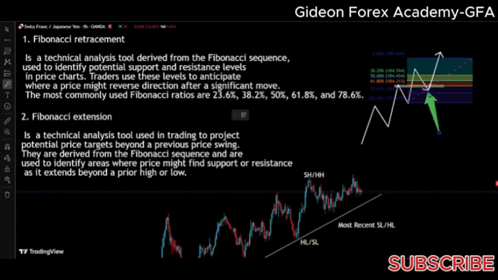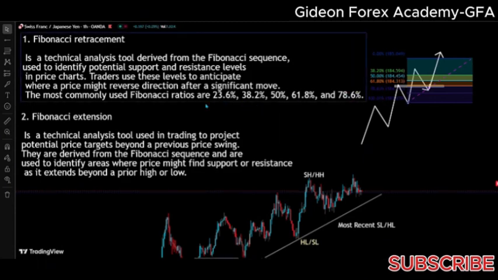So you can use the Fibonacci retracement tool to look for a support area in case you are looking to buy. Look for that confirmation around those levels: 78.6, I repeat, 78.6%, 61.8, 50%, and 31.2%.